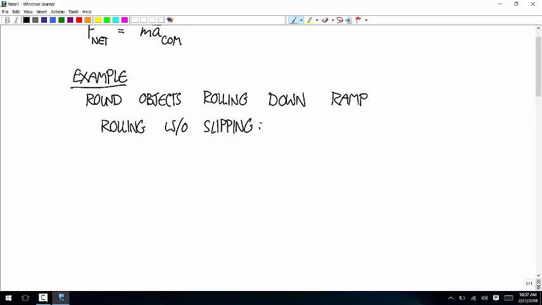And that is that if you choose a coordinate system, so there's the ramp, it's some angle. If you choose a coordinate system with the y-axis pointing out and the x-axis along the incline, then we know that the velocity vector of the center of the round thing has x component negative omega r, y component 0.